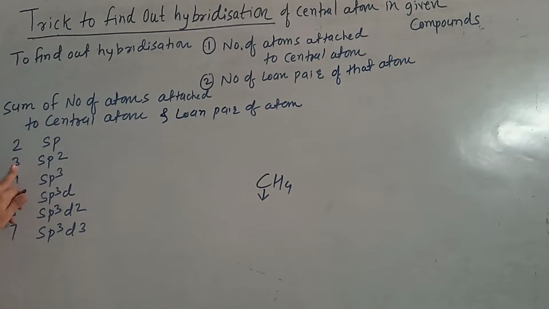If this value is 3, the hybridization is sp2. If it is 4, it is sp3. So 2 is sp, 3 is sp2, 4 is sp3, 5 is sp3d, 6 is sp3d2, and 7 is sp3d3. Like this way we can write the hybridization.